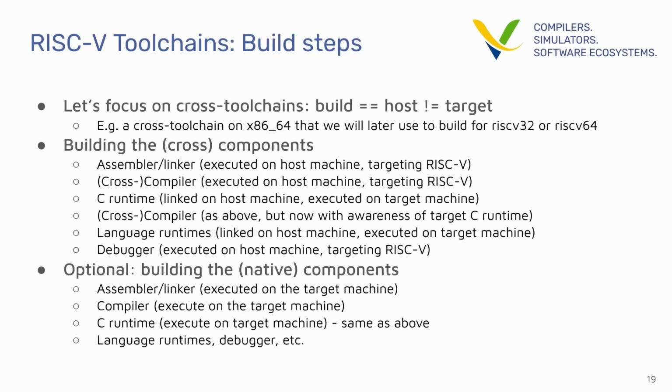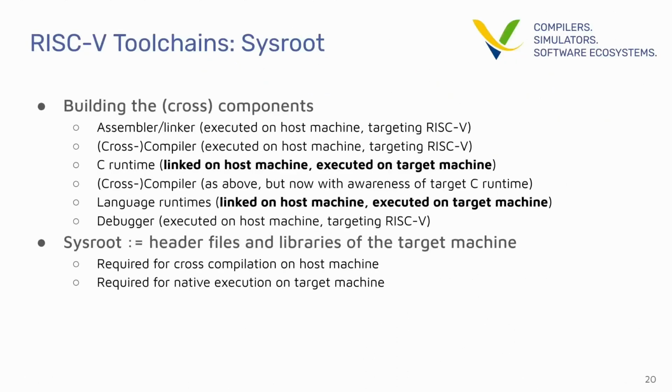Let's have a look at another term that is often used in the context of cross toolchains, the sysroot. So when looking again at the building steps of a cross toolchain, we can see that there are components that are linked on the host machine but never executed there. Instead, they are meant to be executed on a target machine.